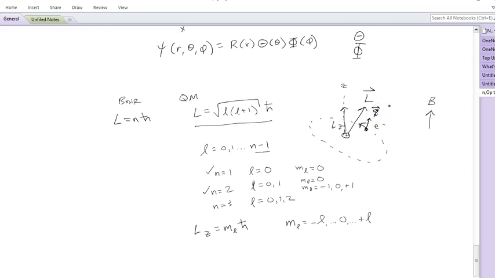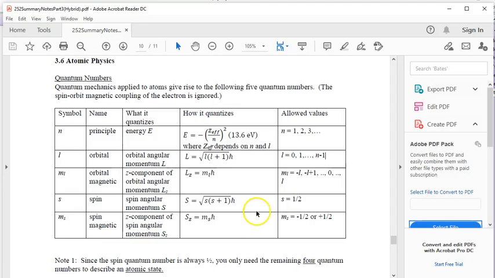Well, it turns out that that magnitude is quantized. That quantization you'll see right here. There is a quantum number called little s, the spin quantum number, and what it quantizes is the size of that big S vector, the spin angular momentum vector. How does that quantization look?